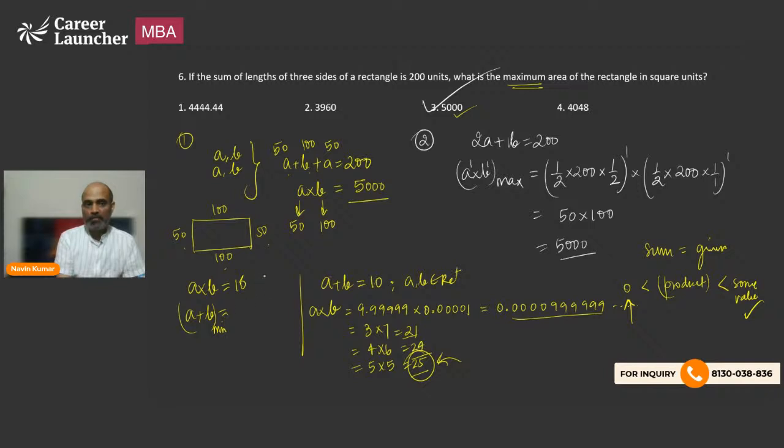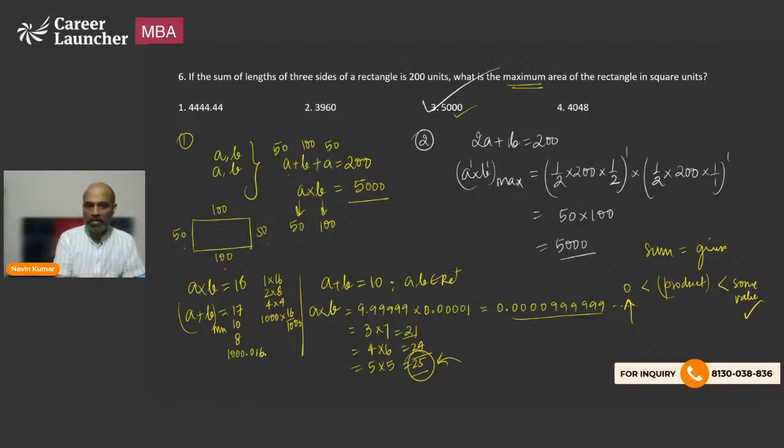Then we can have 1 into 16, 2 into 8, 4 into 4, 1000 into 16 by 1000. ये भी 16 देता है. The sum is going to be 17, 10, 8, and 1000.016.